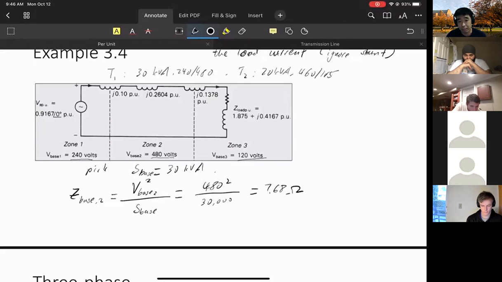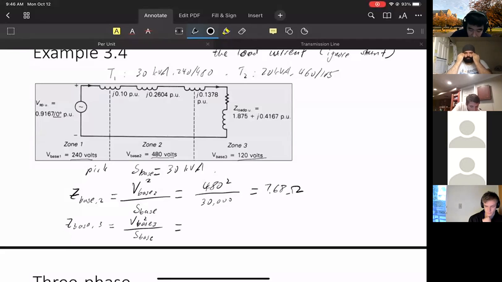So let's write down all the base units for all three zones that we have to do calculations with. For zone 3, this is V base 3 squared over S base, so 120 squared over 30. You do this calculation, we get 0.48 ohms. Okay, so the base units are not unitless. The base impedance is still in units of ohms.